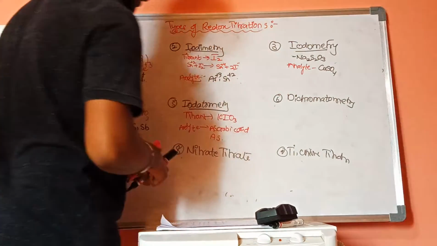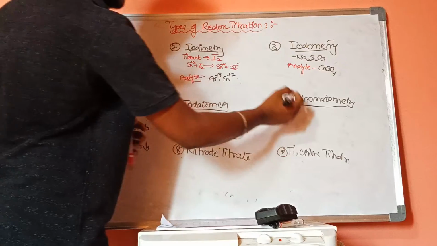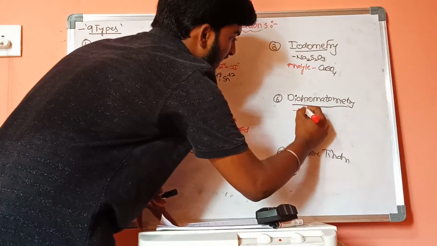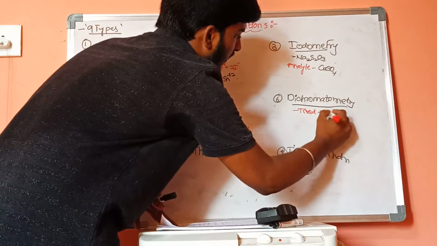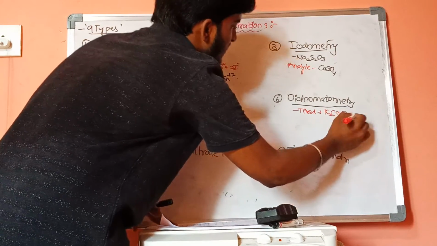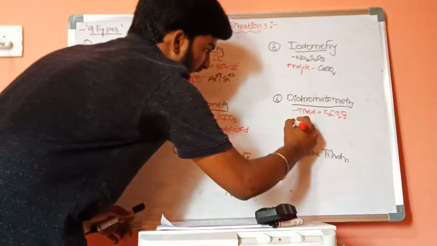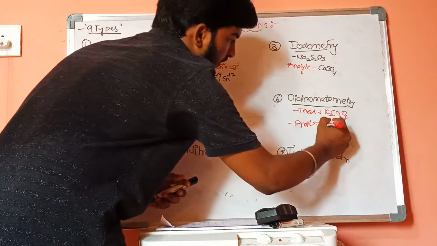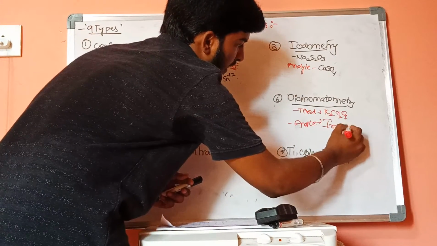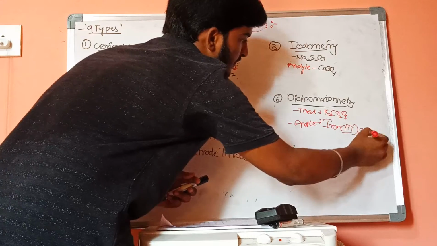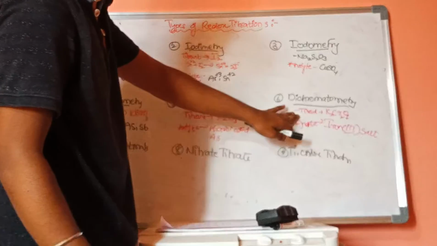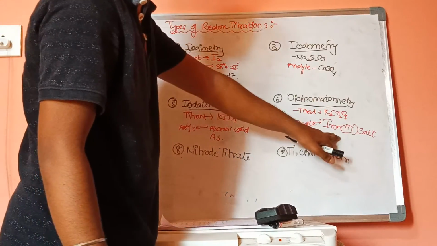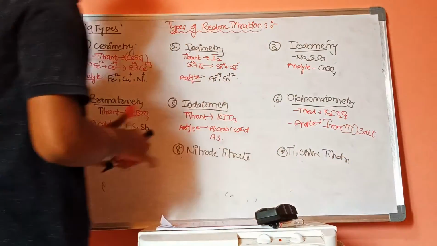Now in dichromatometry, the titrant is K2Cr2O7 and the analyte is iron(II) salt.